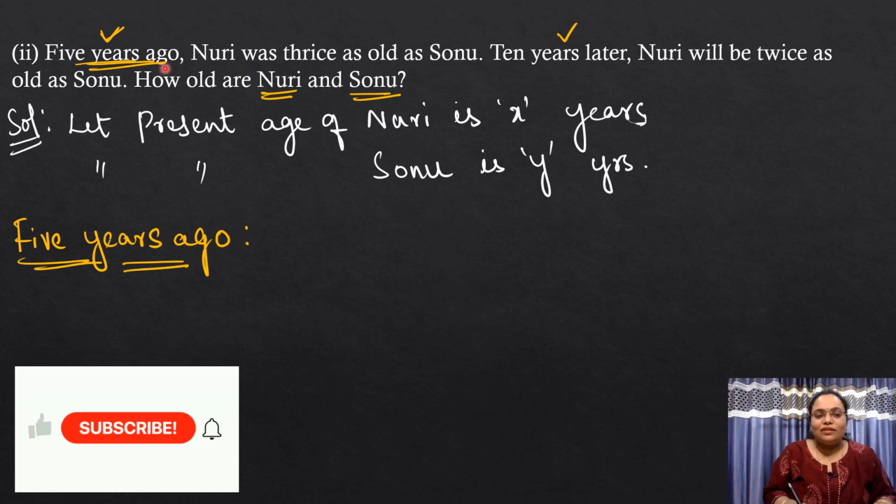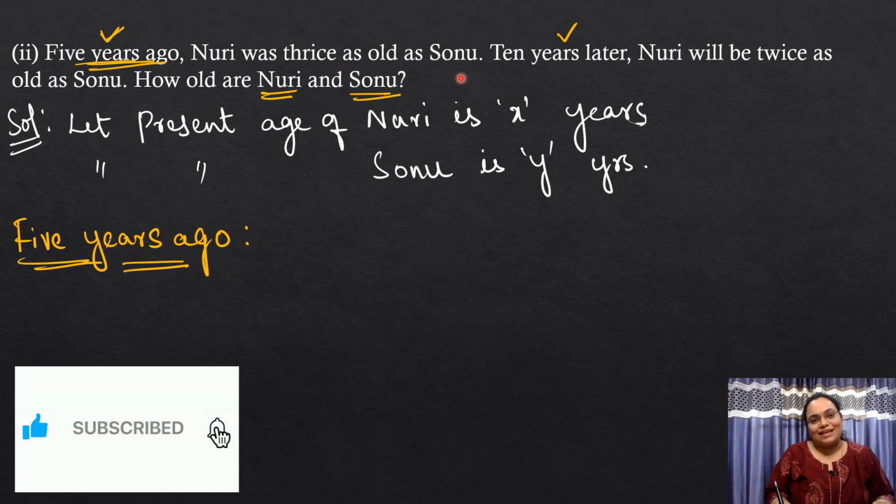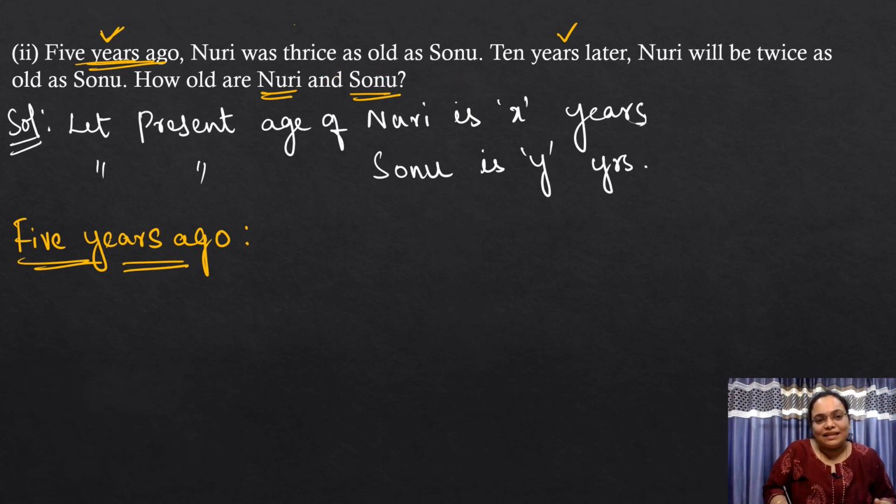See the question. 5 years ago, Noori was thrice as old as Sonu. Thrice means 3 times. So, we are talking about the 5 years ago scenario. 5 years ago, what will be Noori's age?